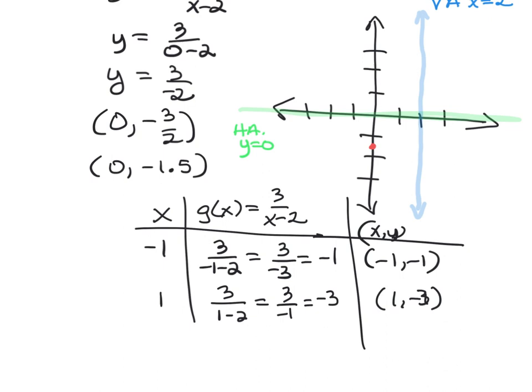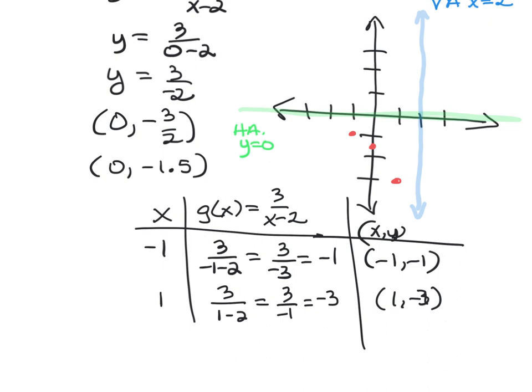Now these are all points that are to the left of my blue asymptote here. So let me go ahead and graph them. So negative 1, negative 1 is right here. And then positive 1, negative 3 is going to be over here. Now, the graph of these rational functions is going to be like a boomerang.